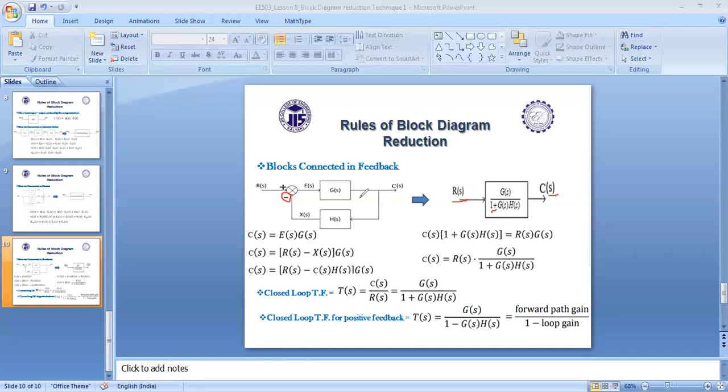In the next class, we'll be discussing the remaining rules of the block diagram reduction technique, such as shifting a takeoff point from before a block to after a block, shifting a summing point from before a block to after a block, and interchanging of summing points. All this will be discussed in the next class.